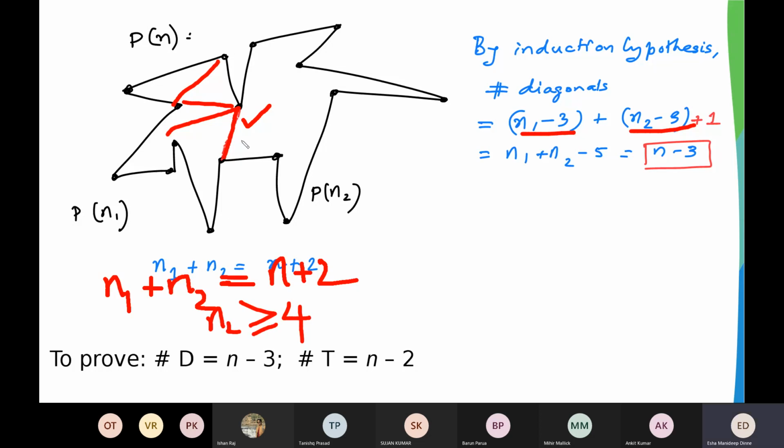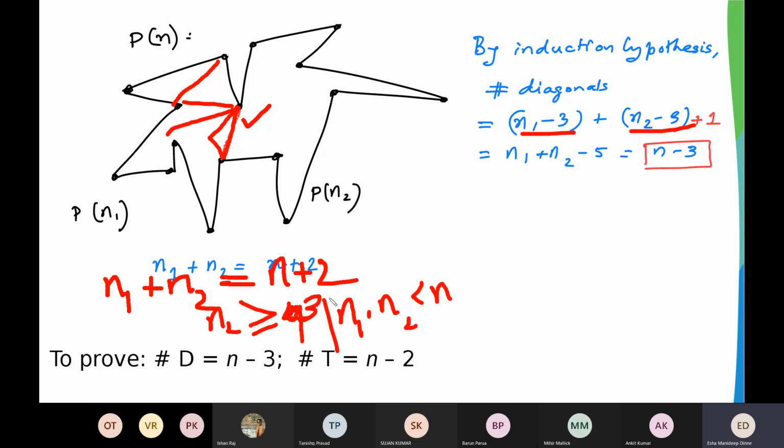Can this be 3? I guess it can be 3. Even if it is 3, n1 and n2 are both less than n anyway.